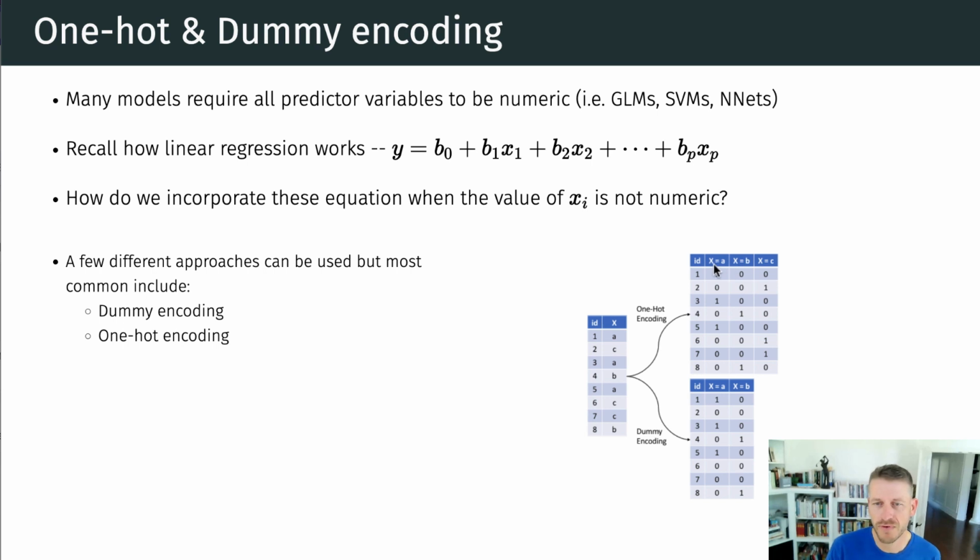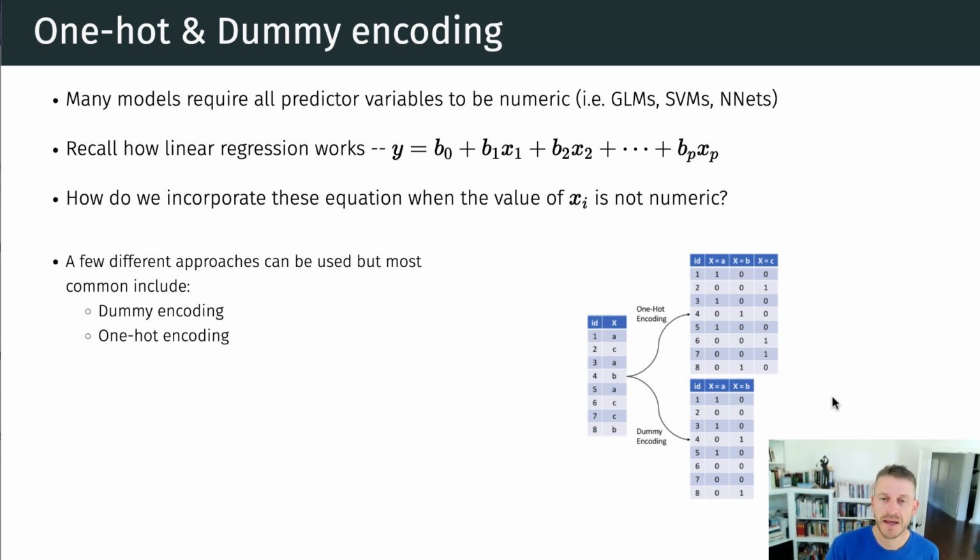So here we have a column for X equals A, X equals B, and X equals C. And what we do is we simply put a 1 under that column that was the original value for X, and then the other columns are 0, right? So this is just a numeric indication of which of the values X was originally. Was it A? Then if it is, you get 1 under that column and you get 0 under the other ones.